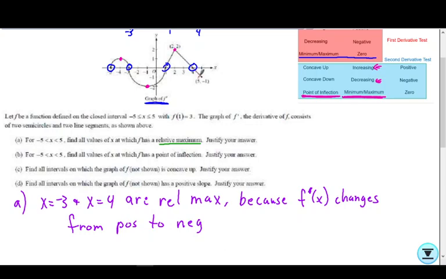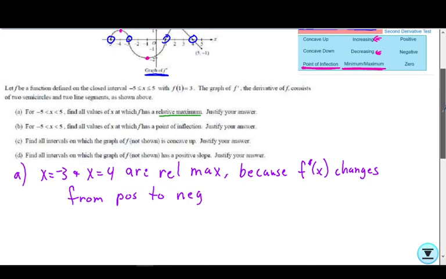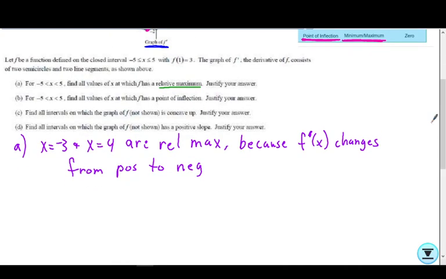So all 3 of those are points of inflection. So look at part B. Part B, x equals -4, x equals -1, and x equals 2 are points of inflection.